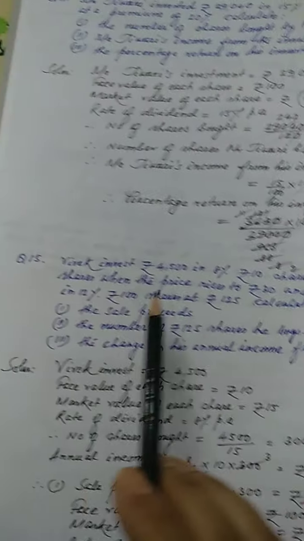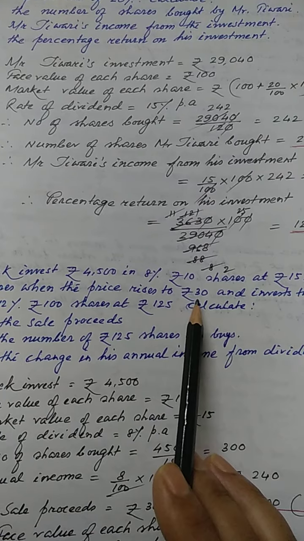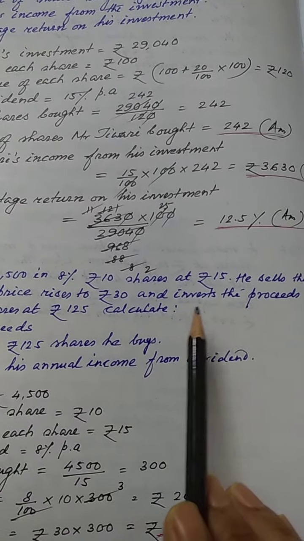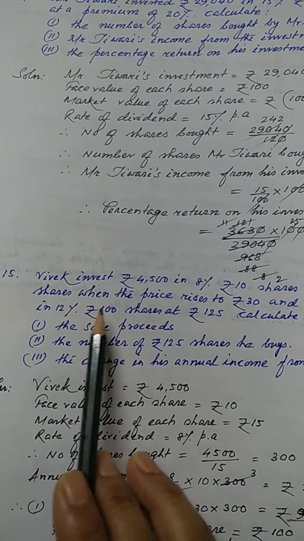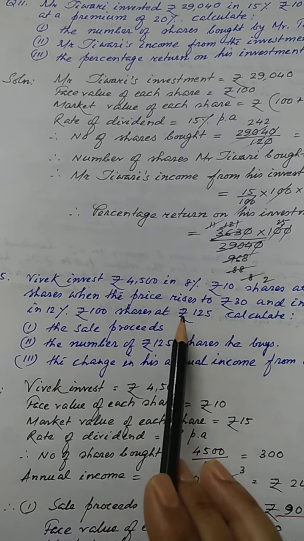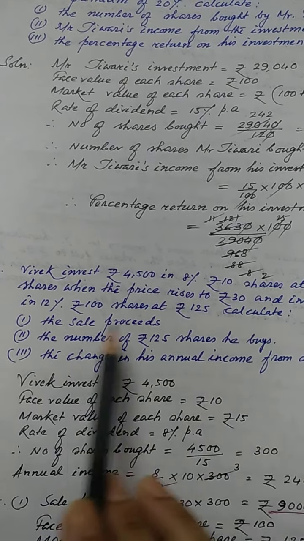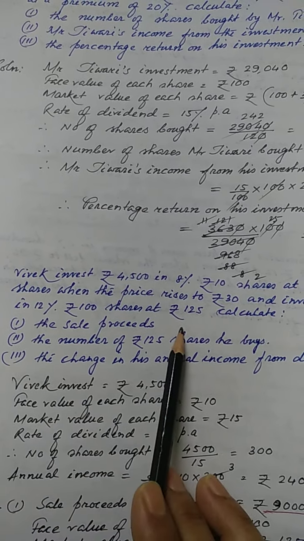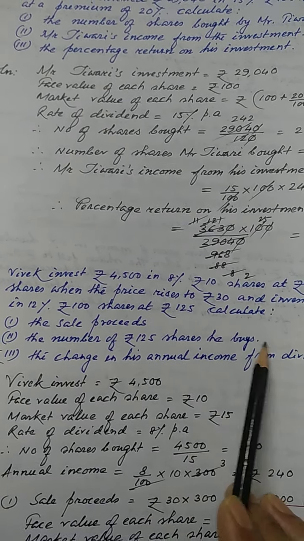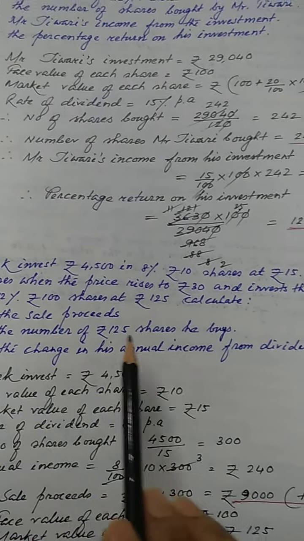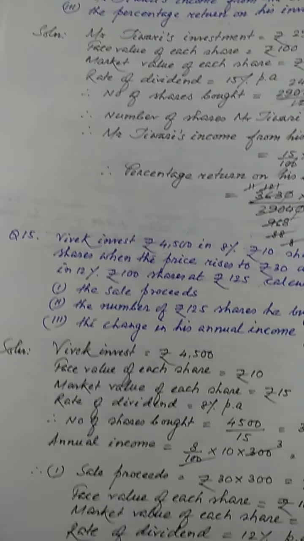He sells the shares when the price rises to rupees 30 and invests the proceeds in 12% rupees 100 shares at rupees 125. Calculate the sale proceeds, the number of rupees 125 shares he buys, and then the change in his annual income from dividend.